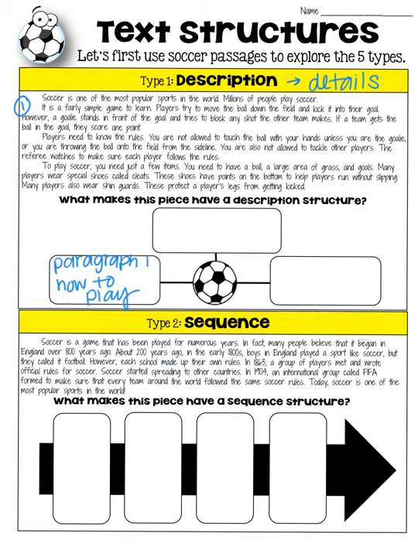In the second paragraph, it tells us the rules and how to play. In the third paragraph, it tells us what we need. So this is just a text describing the details of a soccer game.